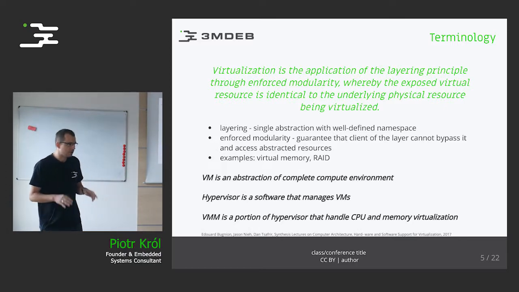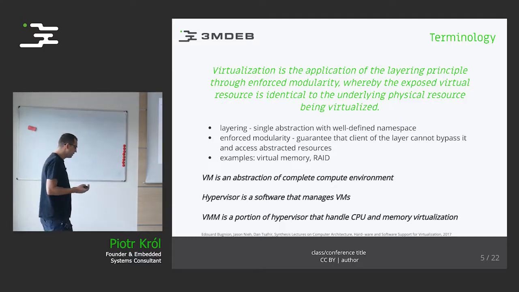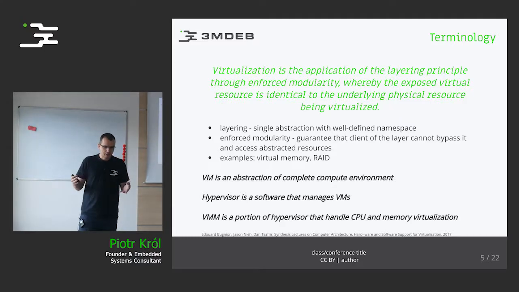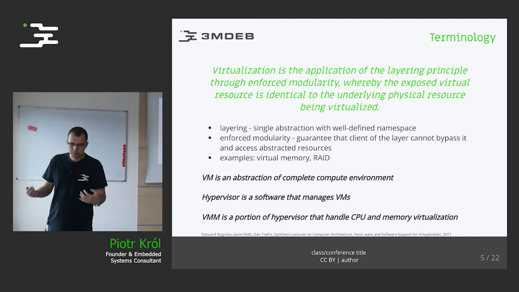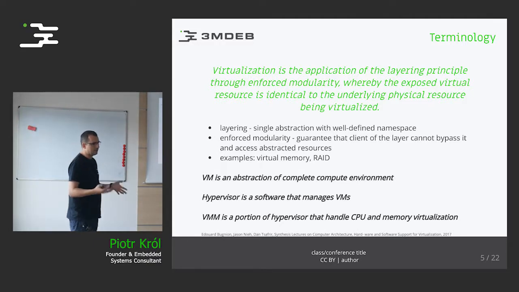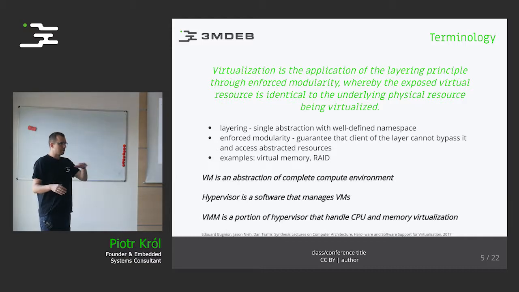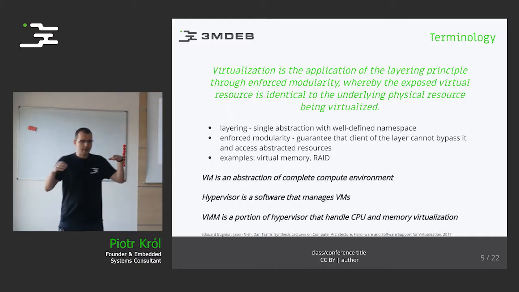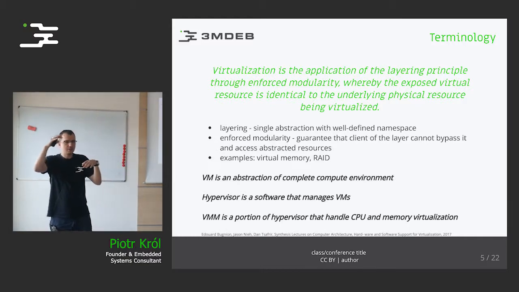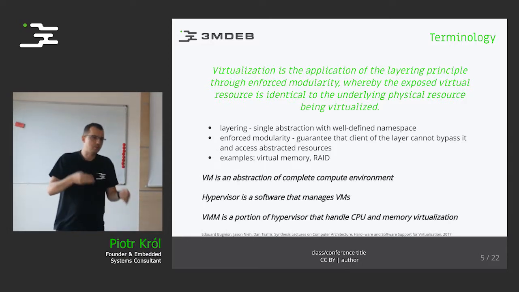Yeah, this sounds very complicated, but we can think about layering as abstraction with a well-defined namespace. If we think in a practical way, let's say we have a big disk, and on top of that we create some layer, and above this layer we also see a disk, but this disk is just a piece of the real hardware which is below.